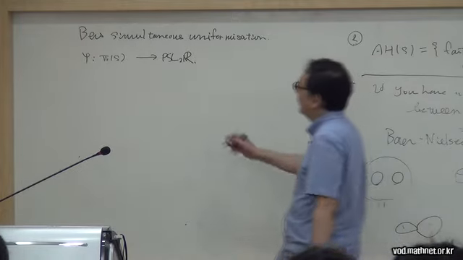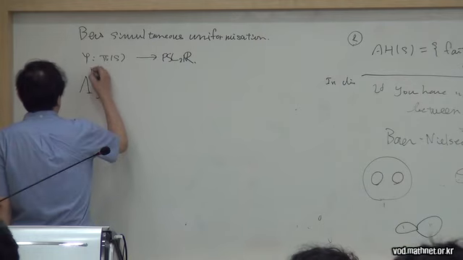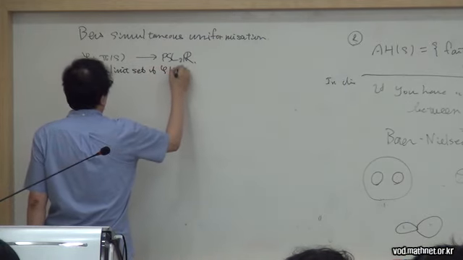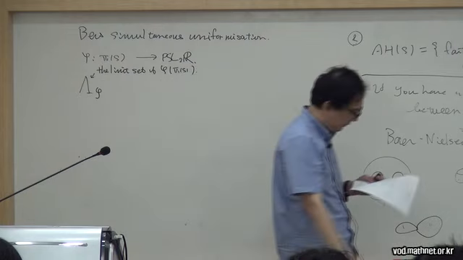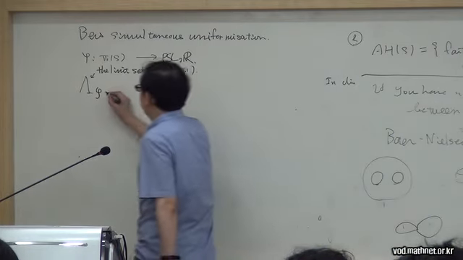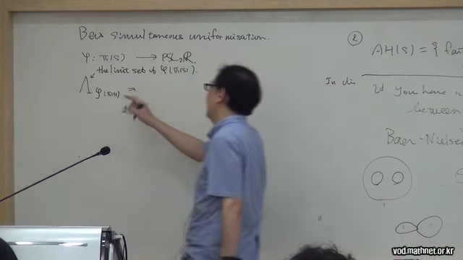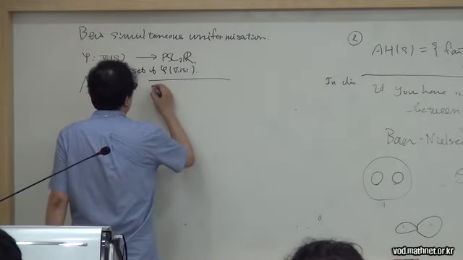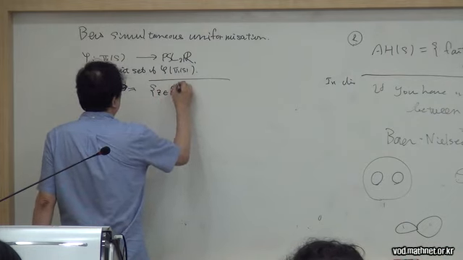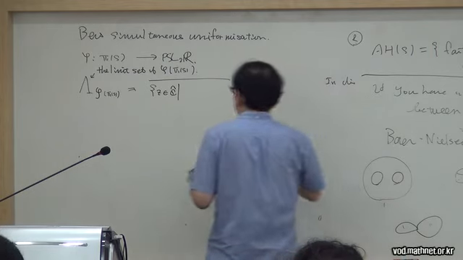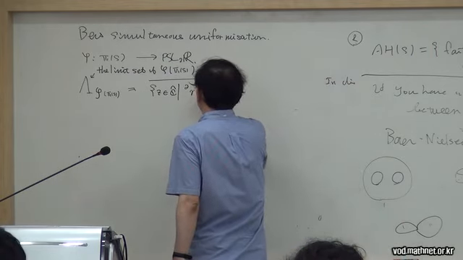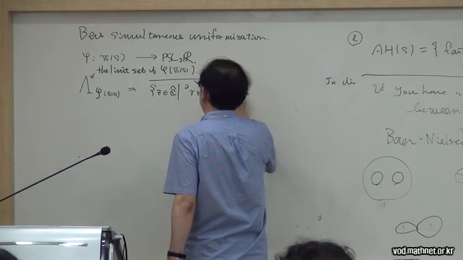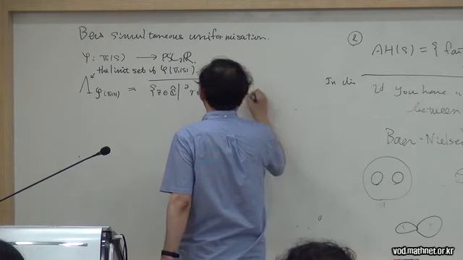Next we define something called a limit set of phi, or of phi of pi 1 of S. It's defined to be the closure of the set of points in the Riemann sphere which are fixed by an element of pi 1 of S, that is, there exists gamma such that phi gamma z is z.